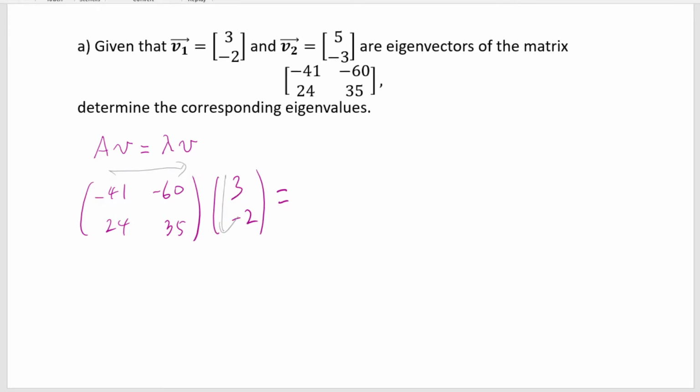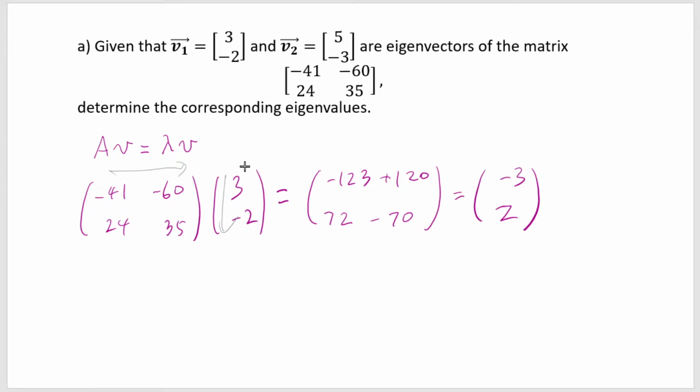So you get negative 41 times 3, which is negative 123, and then negative 2 times negative 60, which is positive 120. On the other hand, 3 times 24 is 72, and negative 2 times 35 is minus 70. So that gives you negative 3 and positive 2.